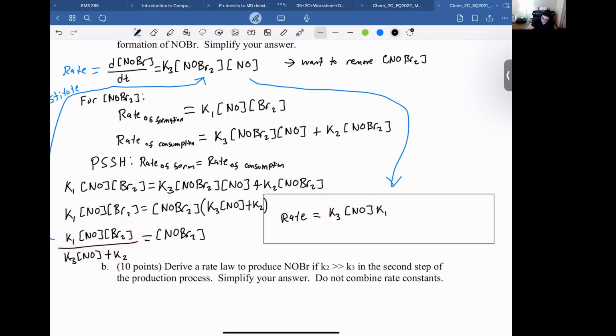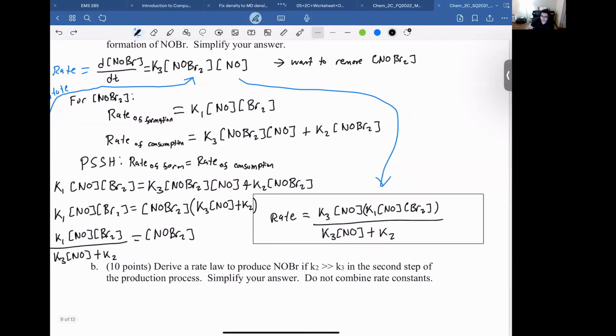So this is times K1 times NO times Br2 divided by K3 NO plus K2. You can't cancel these out, right? Because there's a plus on the bottom.